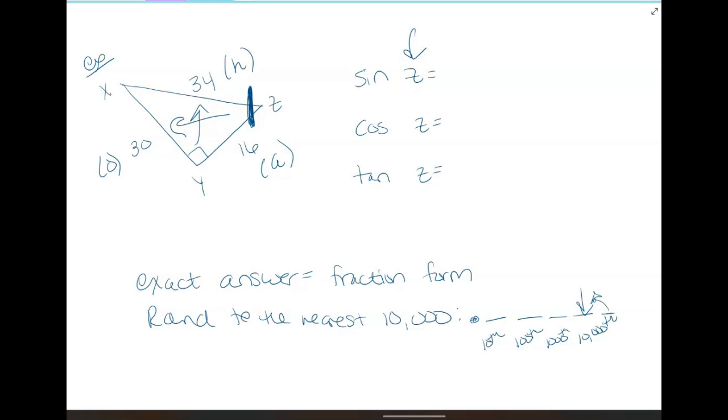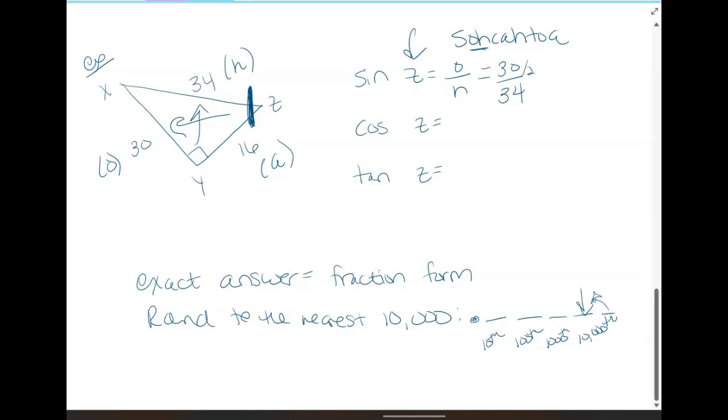Okay. All right. Now you want the sine. So let's go ahead and write our SOHCAHTOA again. Remember, the sine is the opposite over the hypotenuse. The opposite is 30 over 34. And of course, you can reduce 30 over 34.